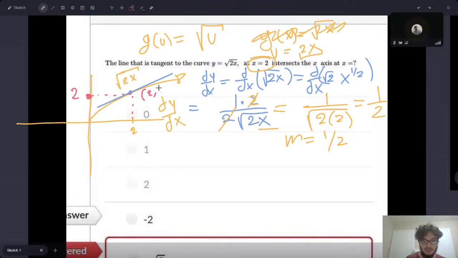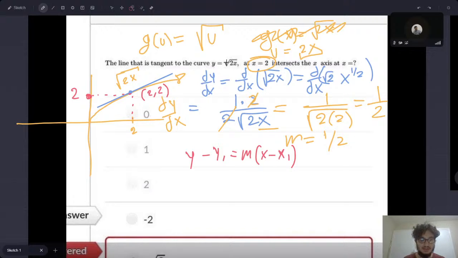If we know the point, then it's very easy to write the equation of the tangent line in point-slope form, which is y minus y1 equals m times x minus x1. Okay. If somebody asks, the point is 0, 2? Well, think about it.